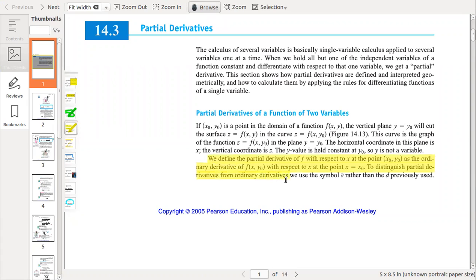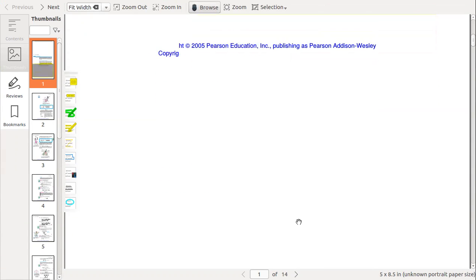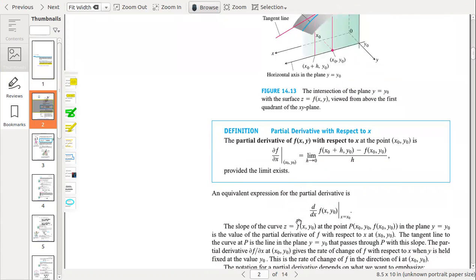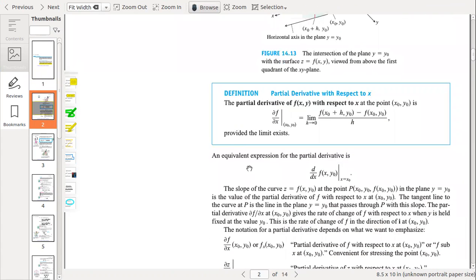So we start from these lines. Here is the formal definition of partial derivatives. Definition: partial derivative with respect to x.